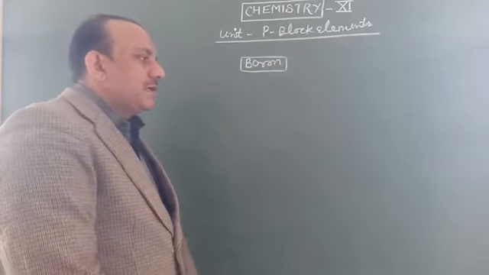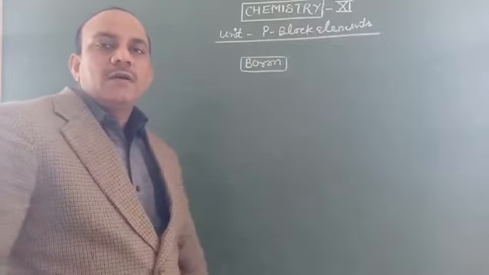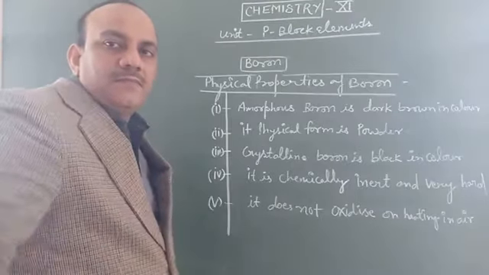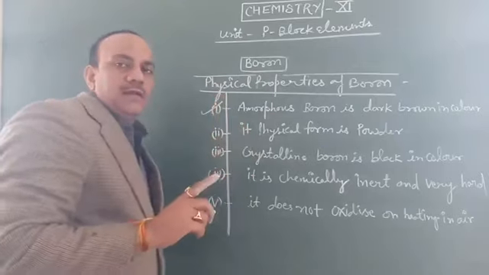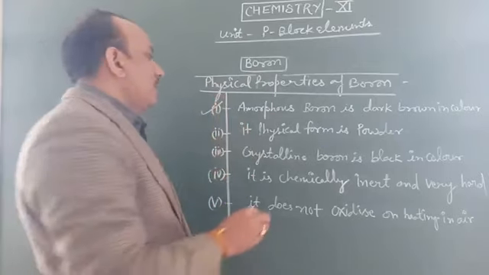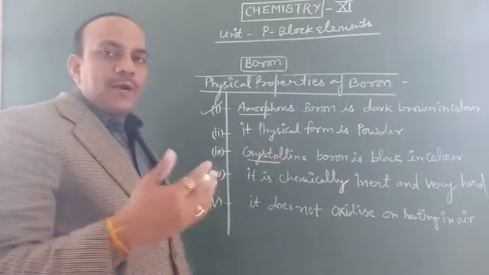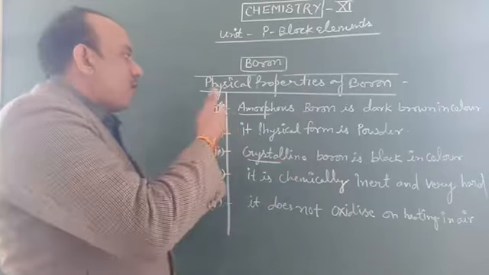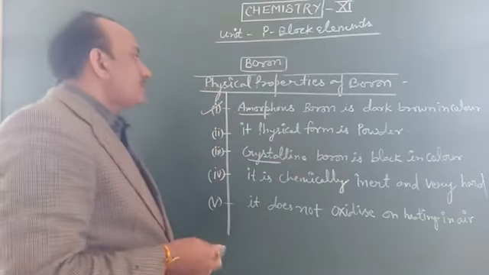After preparation methods, we discuss the physical properties of boron. It is shown in two states. One is known as the amorphous form and the other is known as the crystalline form. Some properties belong to the amorphous side and others to the crystalline side.